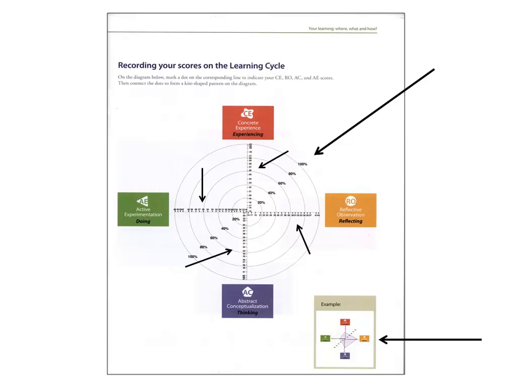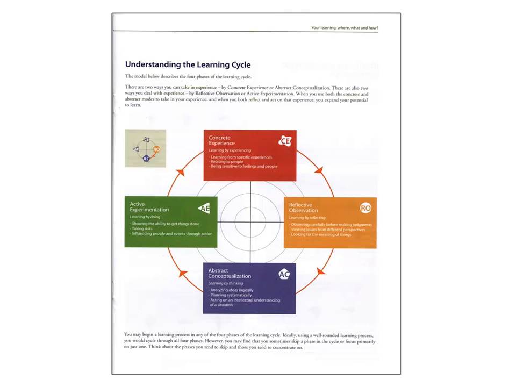Let's see what these scores mean. Look on page 5. There are two ways to perceive or take in information and two ways to process or deal with information. Let's look at the ways that you perceive information. The concrete experience is perceiving information through feelings and intuition.